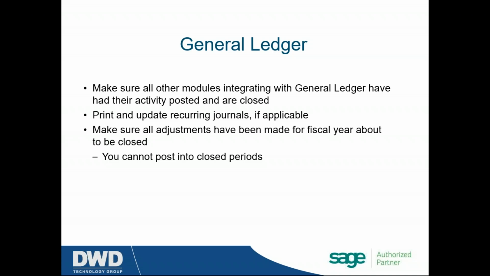You cannot post to it. I do want to let everybody know that reopening a period in general ledger is really, frankly, just as simple as going into the general ledger options, setting that period back to period 11, accepting it, and then going to enter that entry. Okay, so I do want to bring that to your attention from a system standpoint.